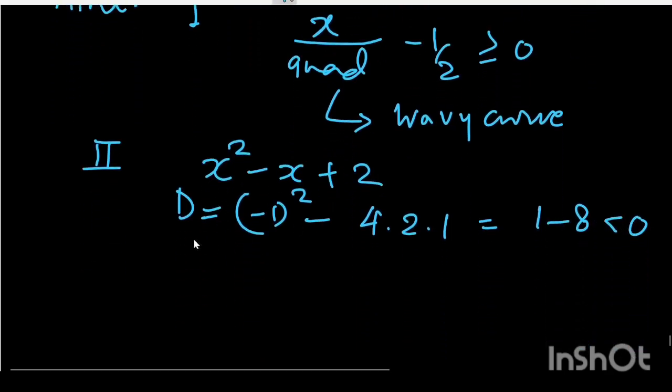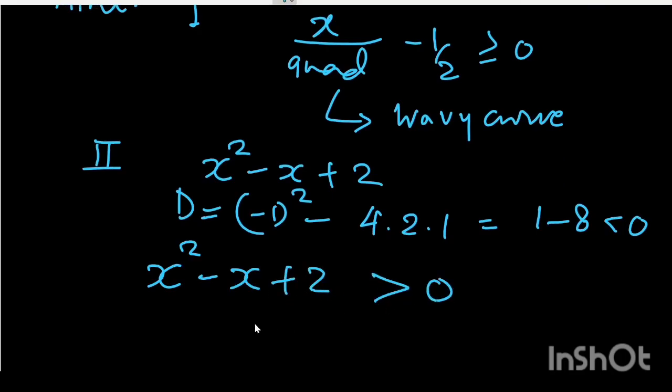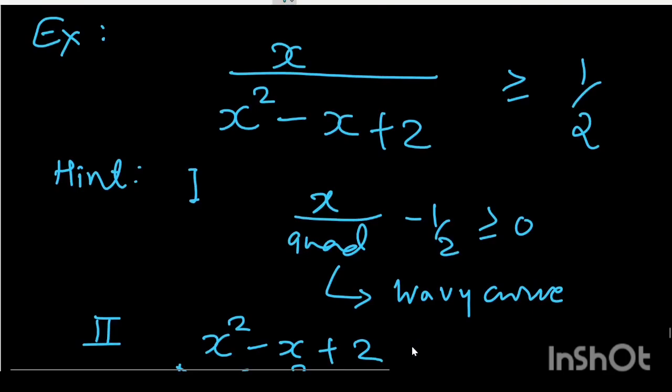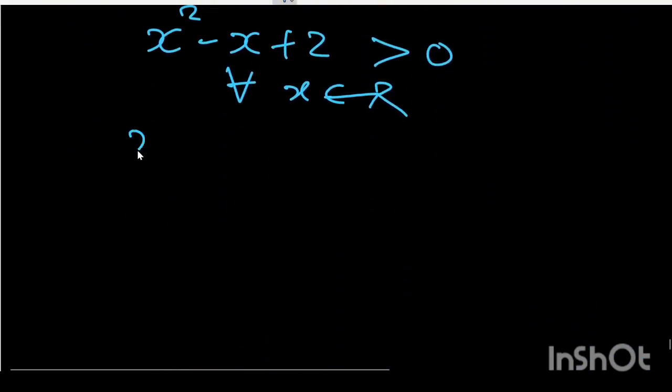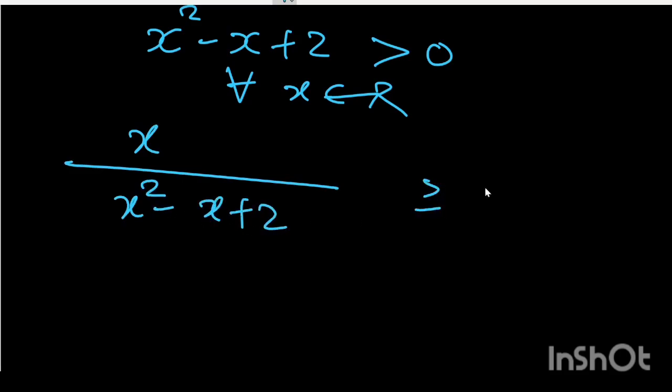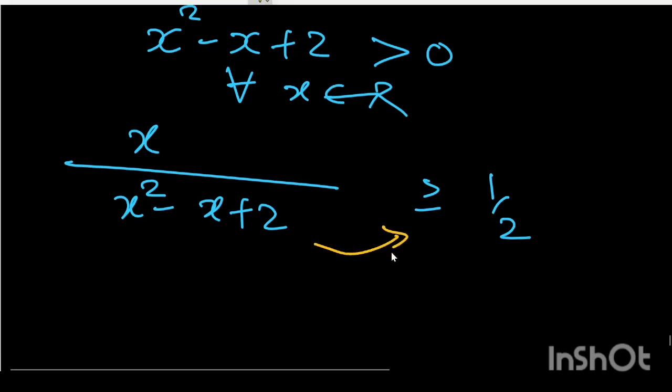So guys, this expression x square minus x plus 2 is positive for all x belonging to R. Since this is always positive, we can cross multiply it without changing the sign of the inequality.